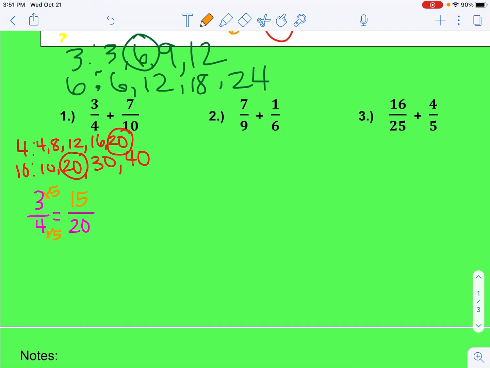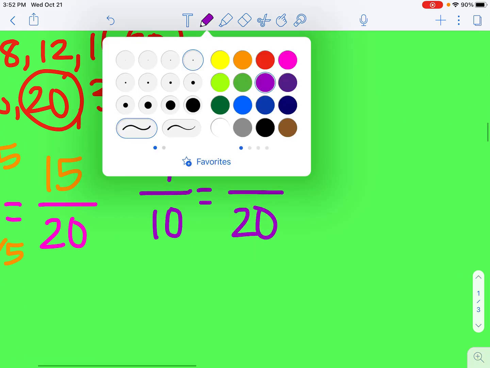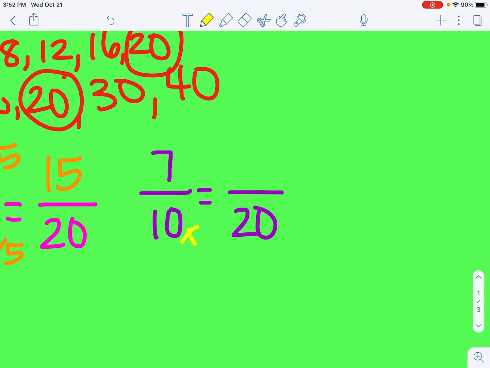Okay, we're going to do the same thing with 7/10. My new denominator I said was 20. And we need to figure out how many times I'm multiplying 10 to get to 20. 10 times 2 gives me 20, so I do the same with the top. 7 times 2 gives me 14.